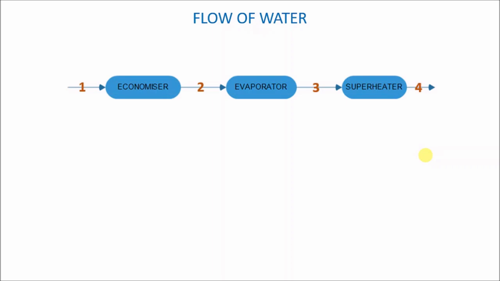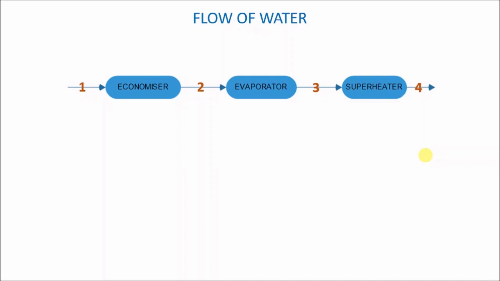So when you have a steam plant, I always like to simplify the whole drawing of the steam plant like this when we're looking at the flow of water. The first component that is really important for you to know is what we call the economizer. The second component is the evaporator, and then after the evaporator you have the superheater.